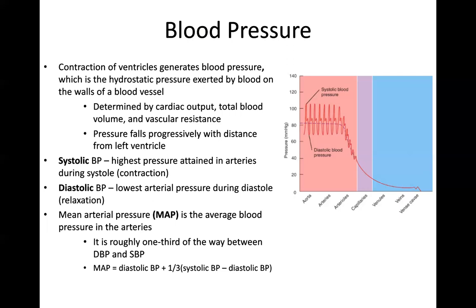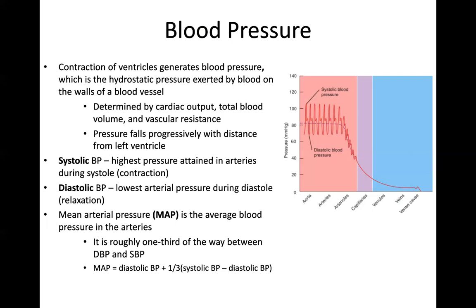You would probably think, for example, if your blood pressure was 120 over 80, that you add those two together and divide by 2, which is how you calculate averages. We know you add all the numbers up, divided by however many numbers there are. In this case, there are 2 numbers, so you add them up and divide by 2. We would think mean arterial pressure would be 100 because that's right there in the middle between 120 and 80, but that's not actually the case.